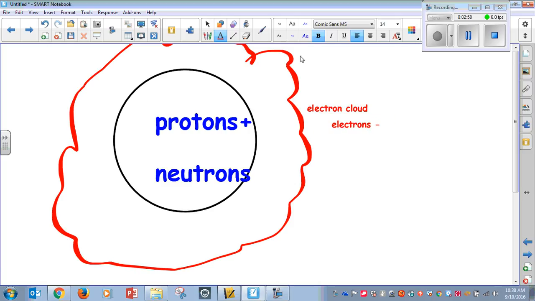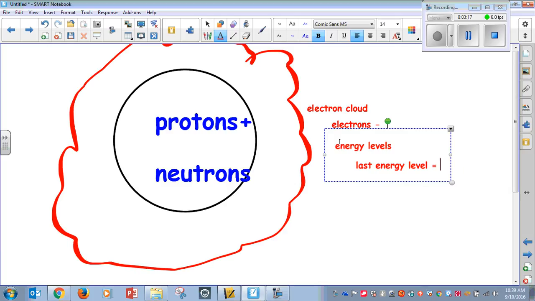Those electrons are organized into energy levels. Energy levels close to the nucleus, and then they get farther and farther away. The last energy level is called the valence shell.